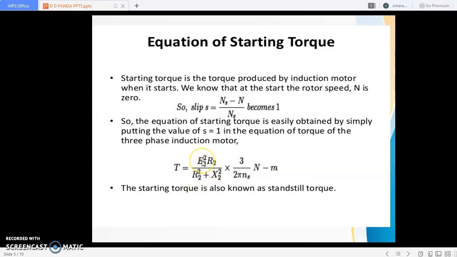Because we know this is E2, and I2 is R2 by Z, which is R2 by R2 square plus X2 square, into 3 by 2 pi Ns Newton meter. This is the value of K, which is a constant, and the starting torque is also known as the standstill torque of the induction motor.